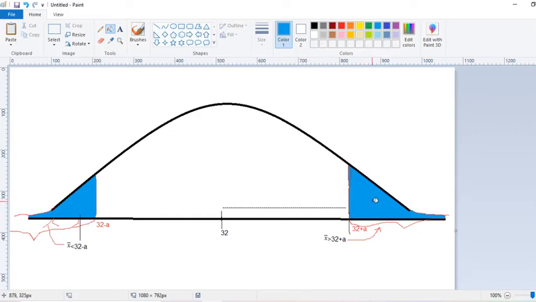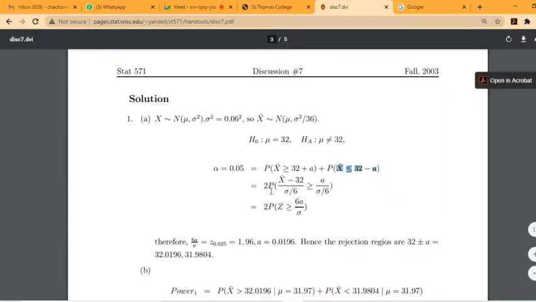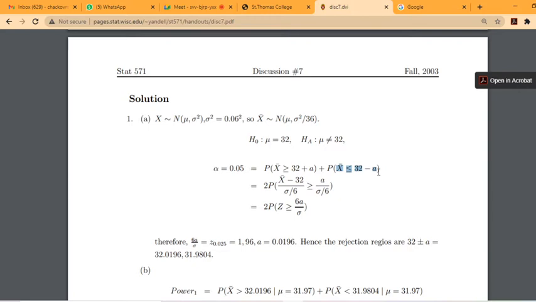Since these both are equal, we can write 2 times the probability of x bar less than 32 minus a.